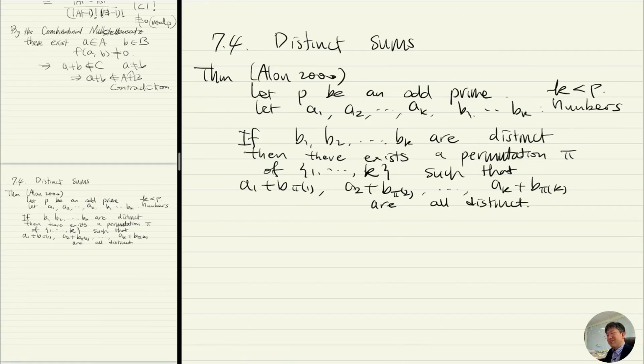So whenever you have k numbers and another k numbers, if these other k numbers are all distinct, then I can pair them up so that their sums are distinct. So that's the theorem.